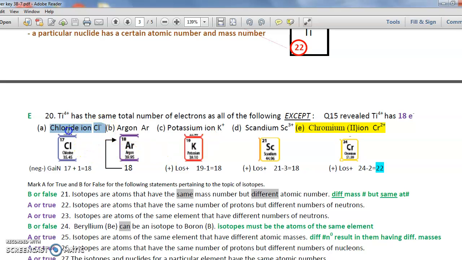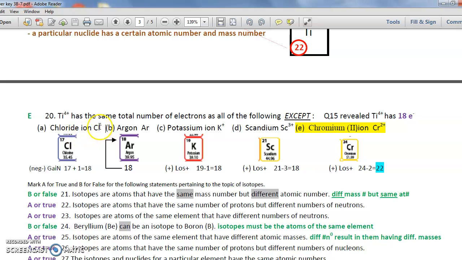Does Cl minus have 18 electrons? Well, Cl minus, I have to look on the periodic table and I would see chlorine has an atomic number of 17. So if it has an atomic number of 17, then it has 17 protons. If it has 17 protons, it starts with 17 electrons.